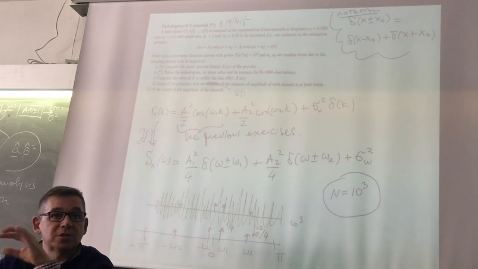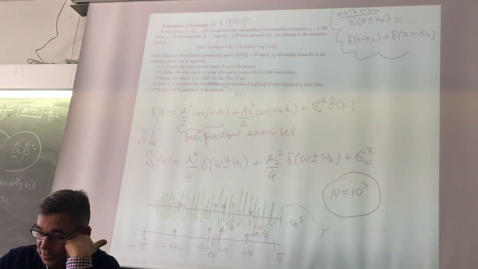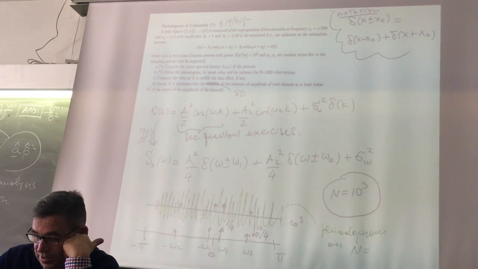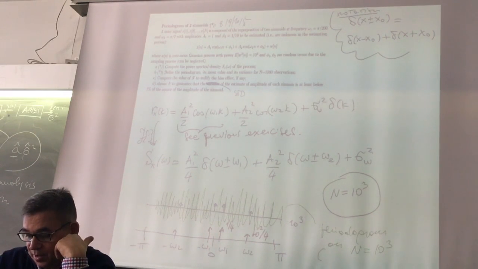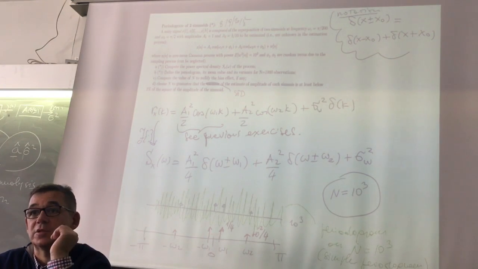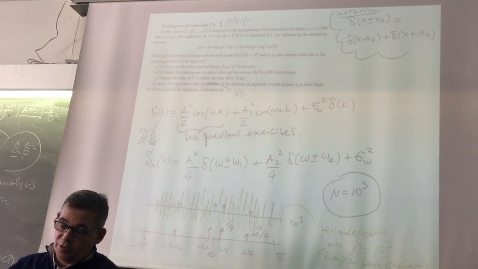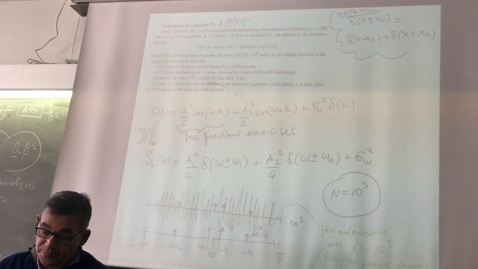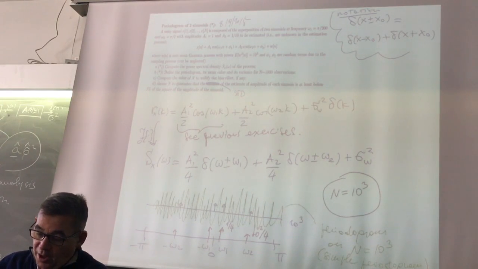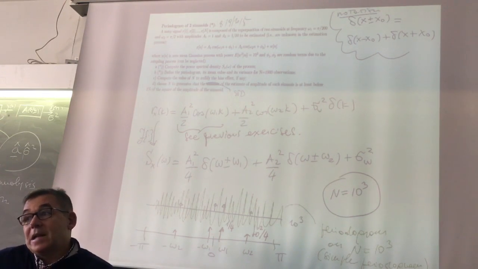We saw it last time, it's something very big. That is the periodogram for N equal to 10 to the power 3, which is a simple periodogram. So there is no way I can see the sinusoids. The sinusoids are tiny with respect to the white noise W. And by the way, for N equal to 10 to the power 3, the periodogram might be biased.